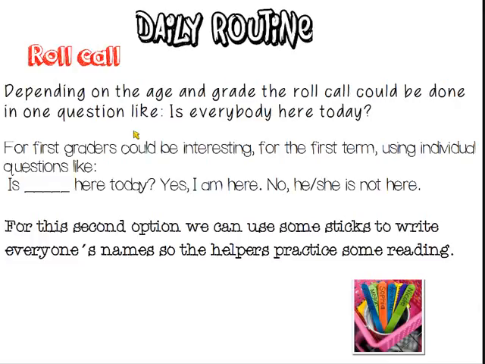For this second option, talking about first graders, we can use some sticks to write everybody's names, so the helpers practice some reading and everybody remembers everybody's names. For the first term it is good. Yes, it's excellent.